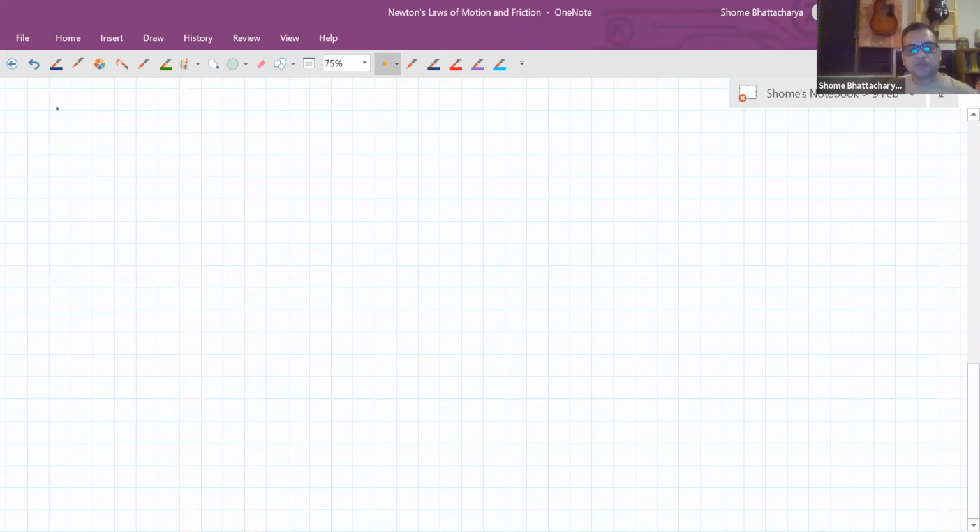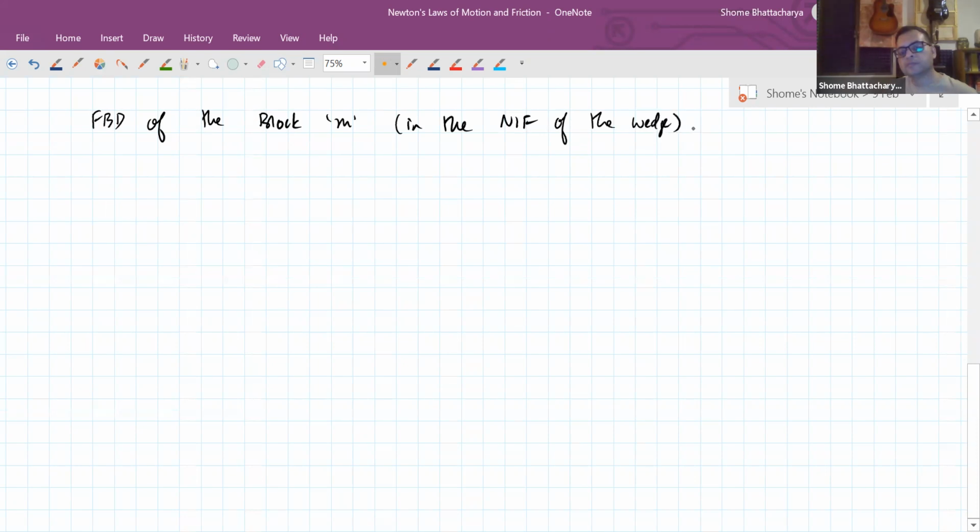So next we will look at the free body diagram of the block small m in the non-inertial frame of the wedge. Okay, so let's look at that.